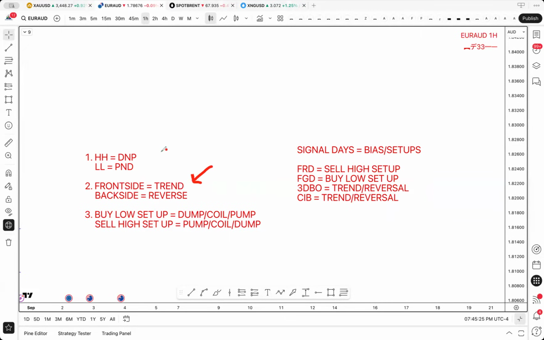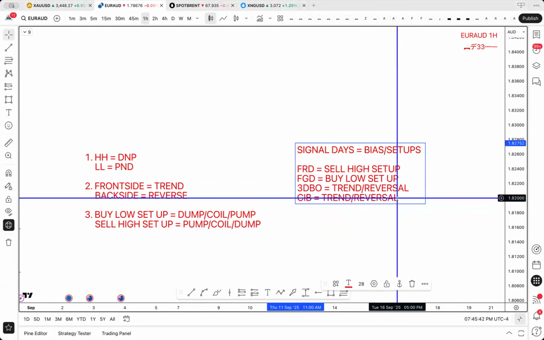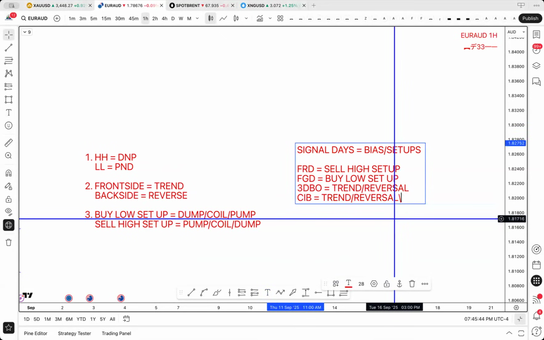Do we have lower lows on the inside? Do we have higher highs on the inside? Are we on the front side? Are we on the back side? And what is our overall thesis? Also, the inside day, because that's the final signal day, the inside day and the outside day.